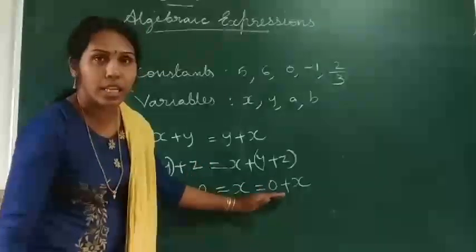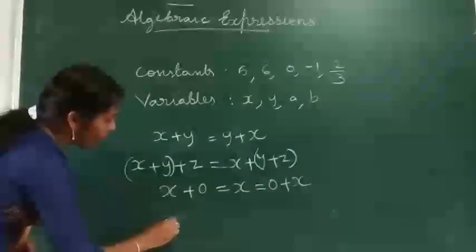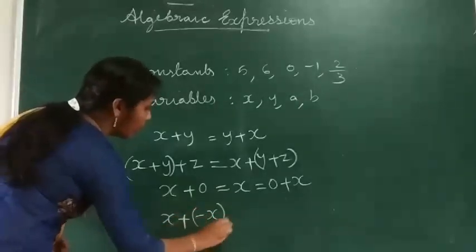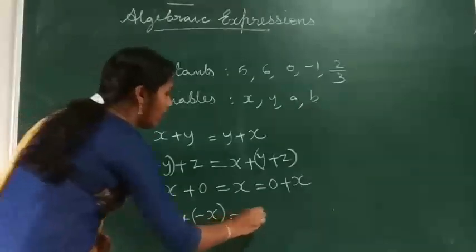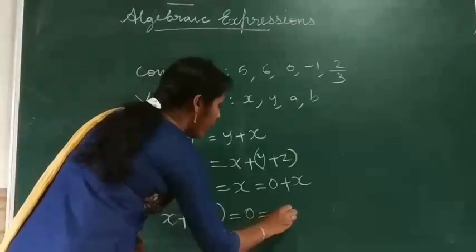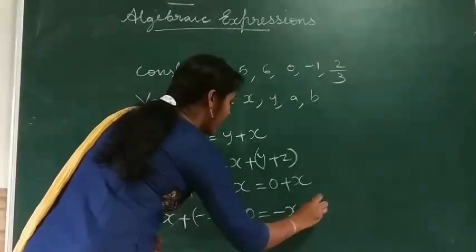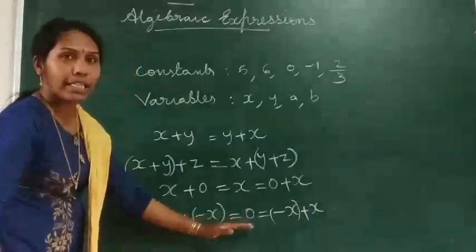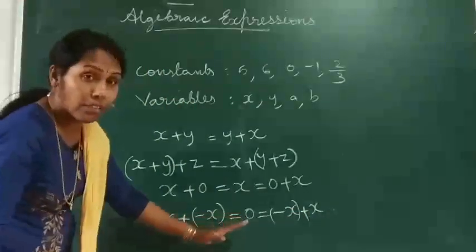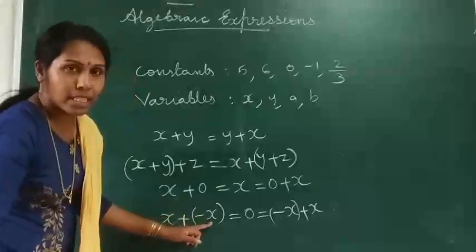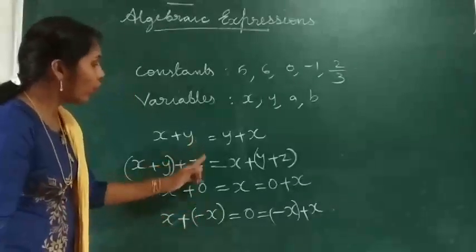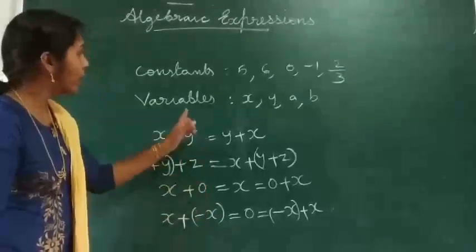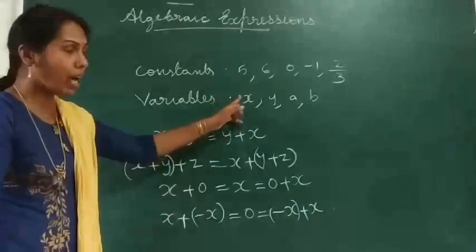Now, x plus minus x is equal to 0 is equal to minus x plus x. This law is known as the existence of inverse. The additive inverse of x is minus x. So these four laws for addition are held by variables, because variables are numerals.